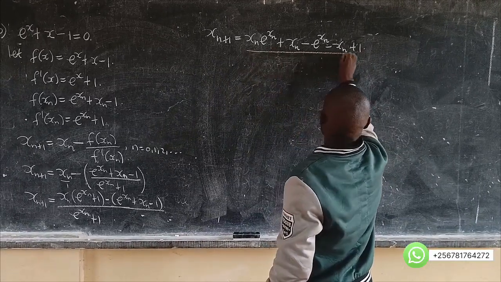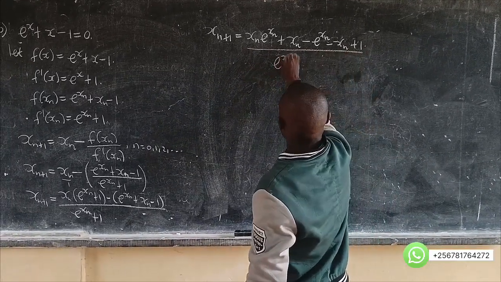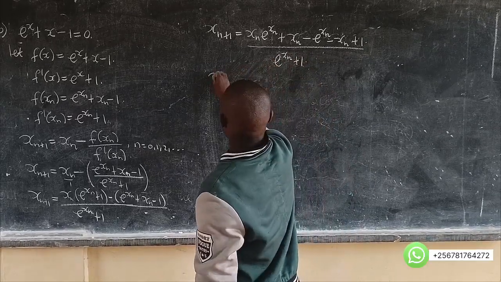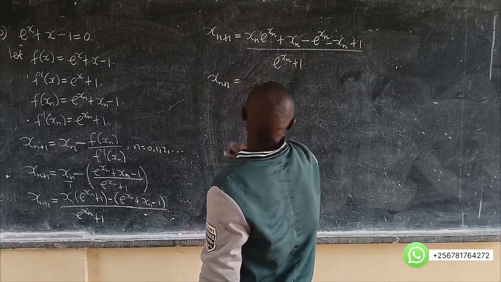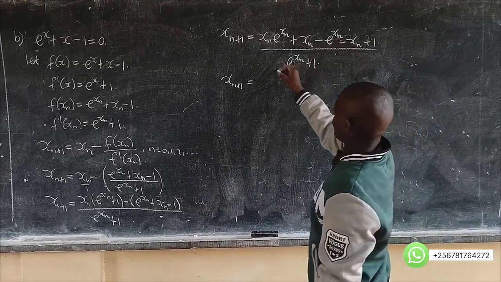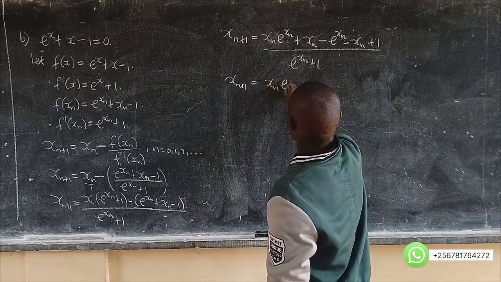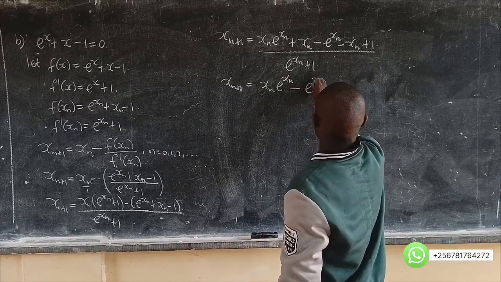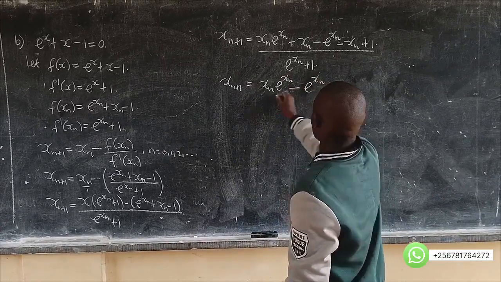All of this we are dividing by exponent of x_n plus a 1, and our x_{n+1}, when we simplify, here this x_n and this x_n cancel, so we simply have x_n times that minus exponent of x_n plus 1.